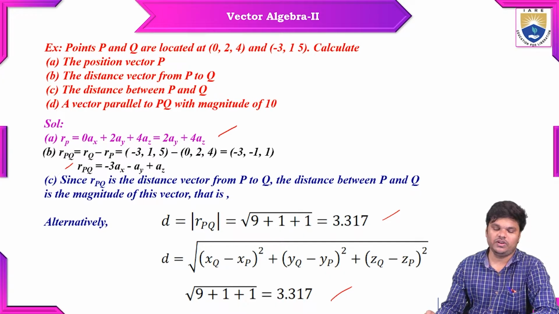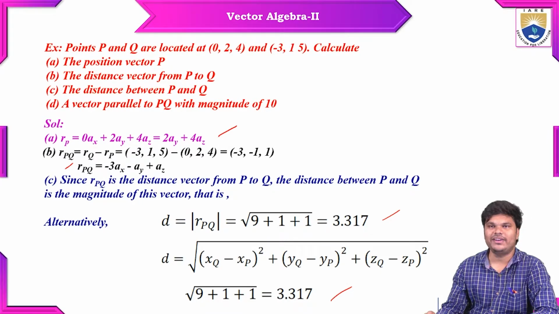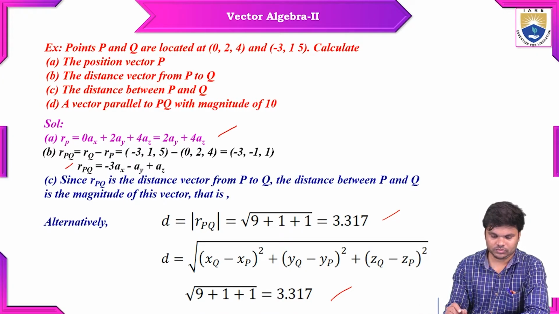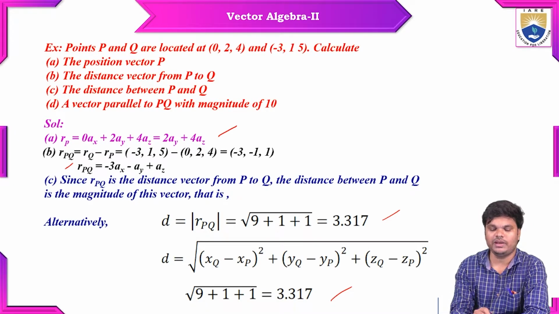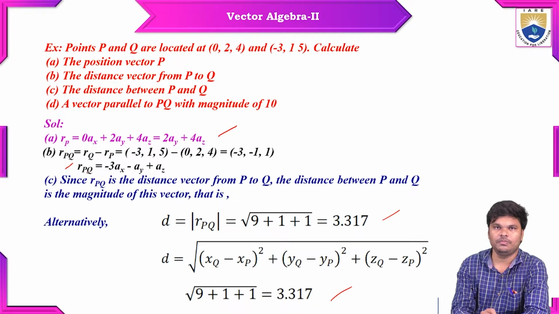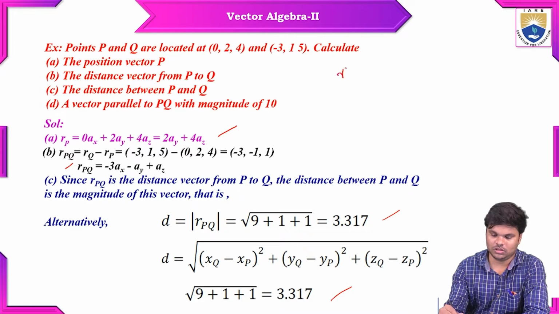Also we are asked to find a vector parallel to PQ with a magnitude of 10. So we should find a vector which is parallel to PQ and has magnitude 10. This is the distance vector from P to Q: RPQ is -3AX minus AY plus AZ.